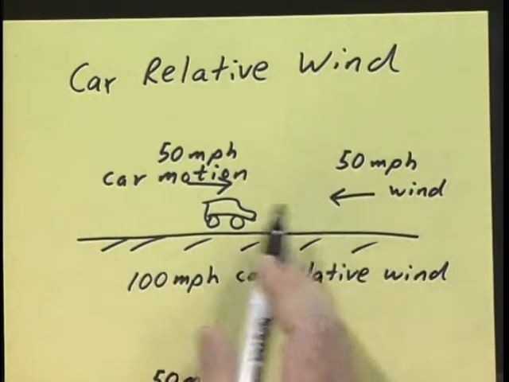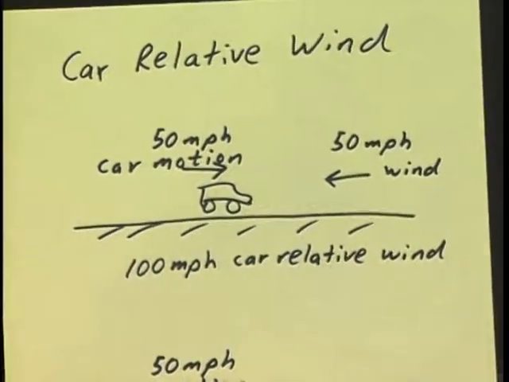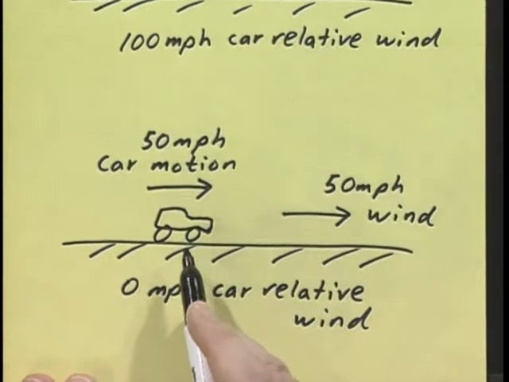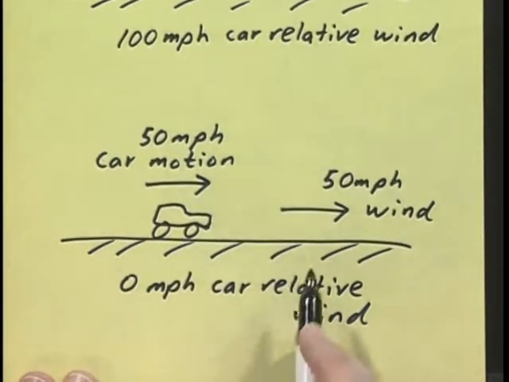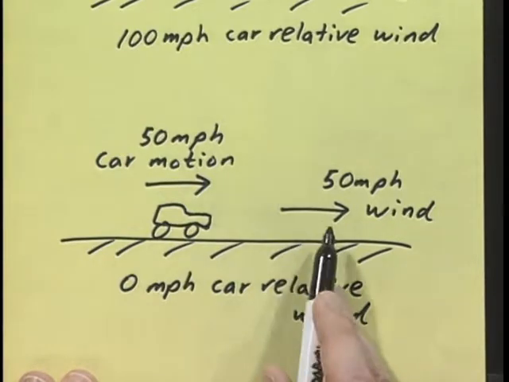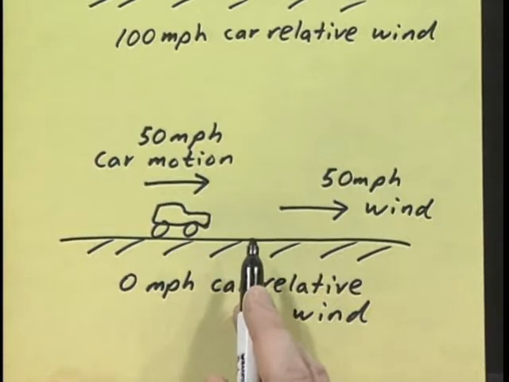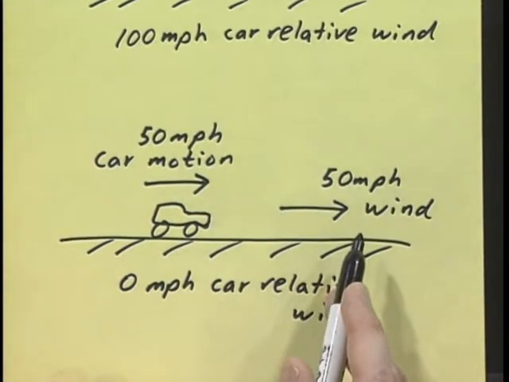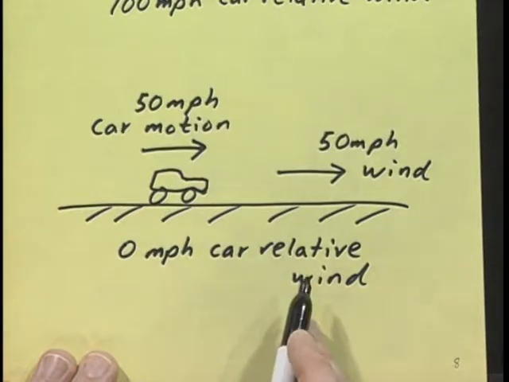Because your car is going into the wind, that enhances the wind speed. And the opposite situation, your car is still going 50 miles per hour, but the wind is going the other way at 50 miles per hour. So instead of going into the wind, it is trying to travel away from you. In this situation, you'd have a 0 mile per hour car relative wind.